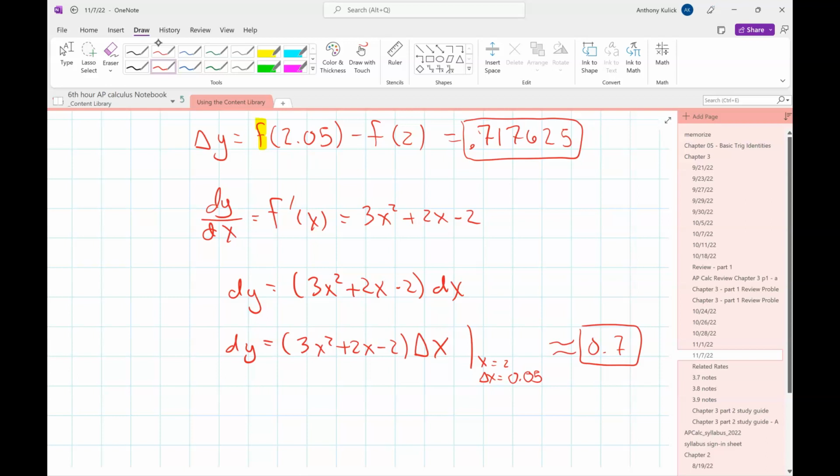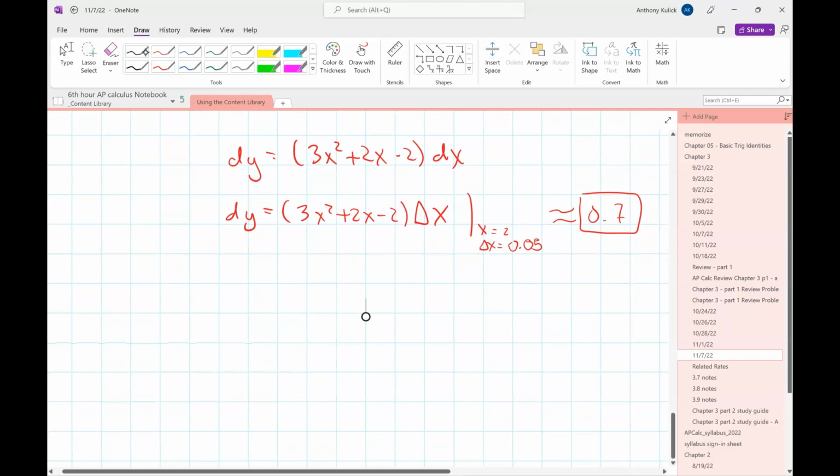Yeah, so do you want to draw a picture of what's going on here again? Actually, let's do it on the calculator, it'll be easier.